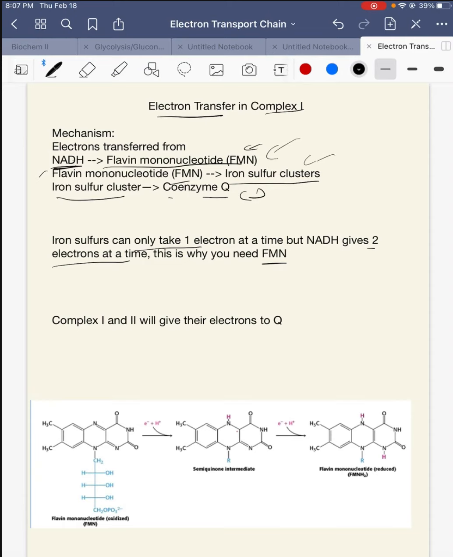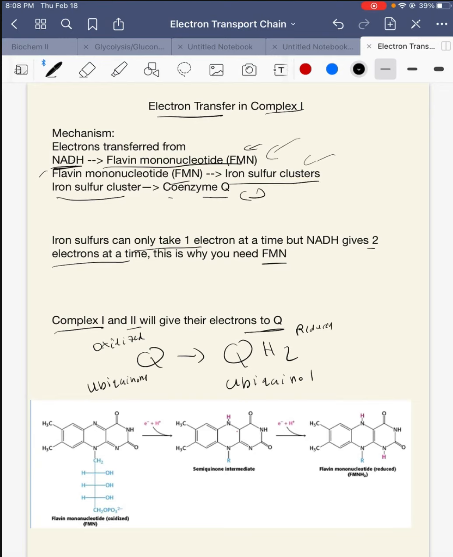Both complex 1 and complex 2, like I said, give their electrons to coenzyme Q. When coenzyme Q gets its electrons, it's reduced into the reduced form, which is called ubiquinol. This is the oxidized form, and this is the reduced form.